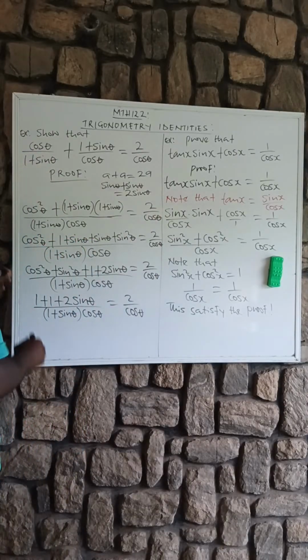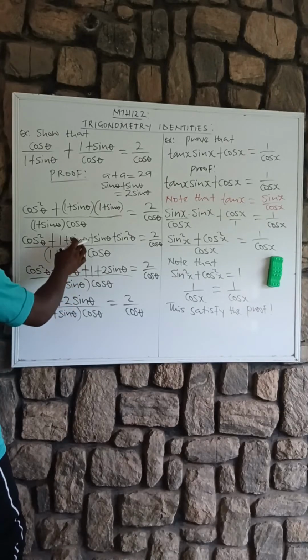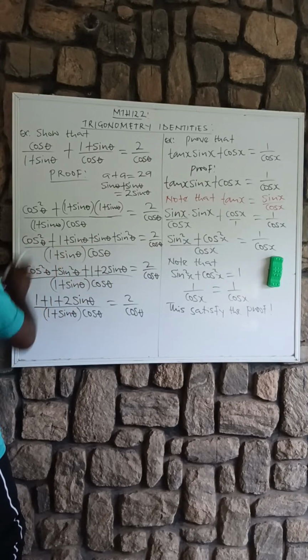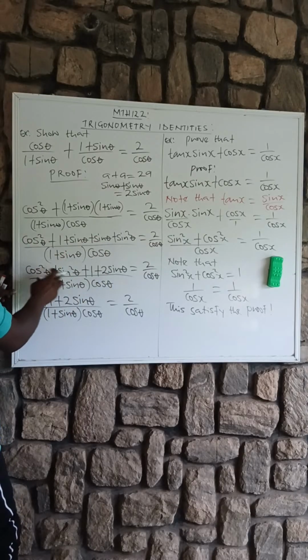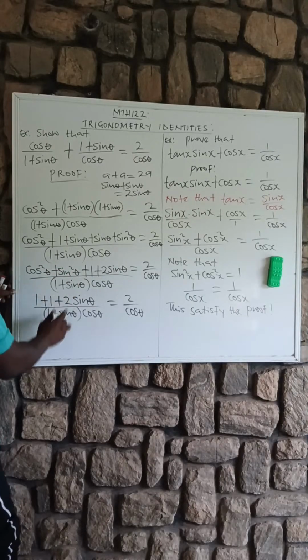So now here 1 plus 1. That is why we have, look at it, sin theta plus sin theta is 2 sin theta. Note that there is 1 here, but cos square theta plus sin square theta is always 1. So 1 plus 1, 2, right?